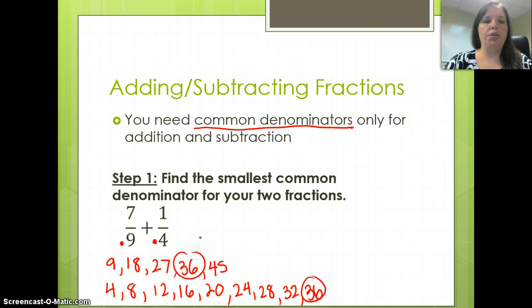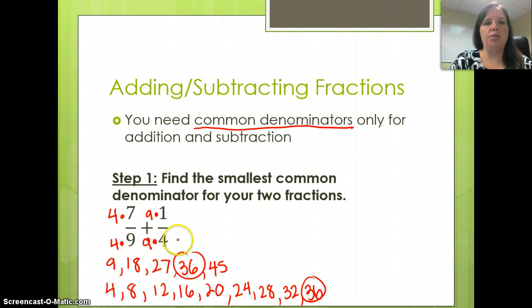Oh, look, I can turn both 9 and 4 into 36. Probably most of you have enough number sense that you can just say, okay, I know it's 36. So if I multiply this by 9, I have to multiply the numerator by 9 as well. If I multiply this by 4, I have to multiply the numerator by 4 as well.